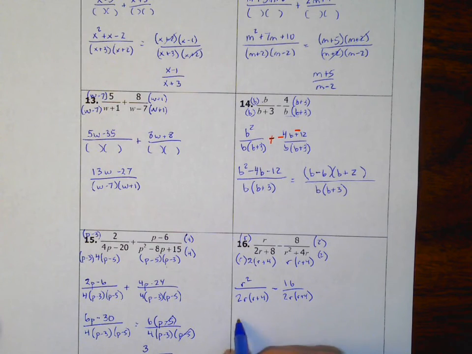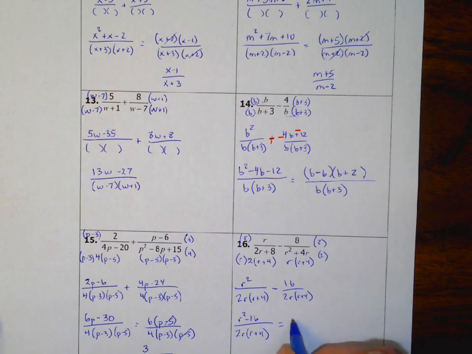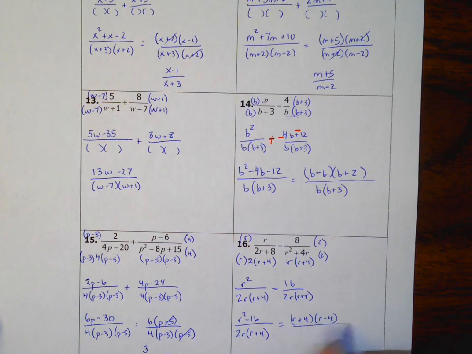Put them together, r squared minus 16. R squared minus 16 is r plus 4, r minus 4. Those cancel. R minus 4 divided by 2r is my solution. Okay, so that's your adding and subtracting.